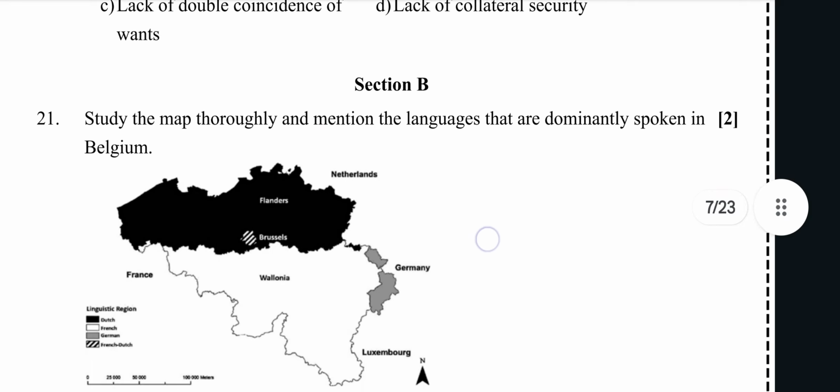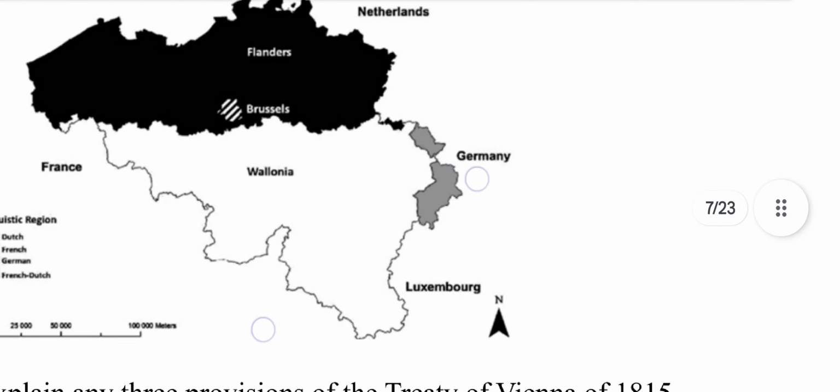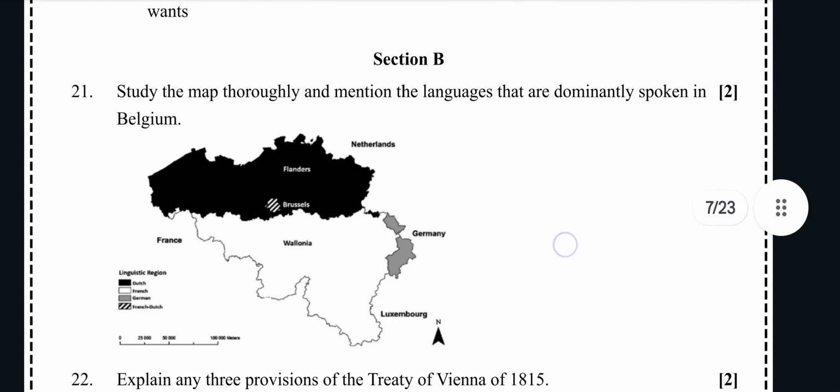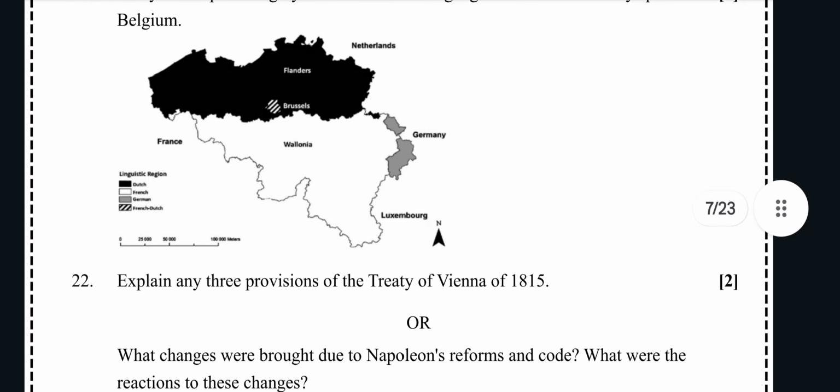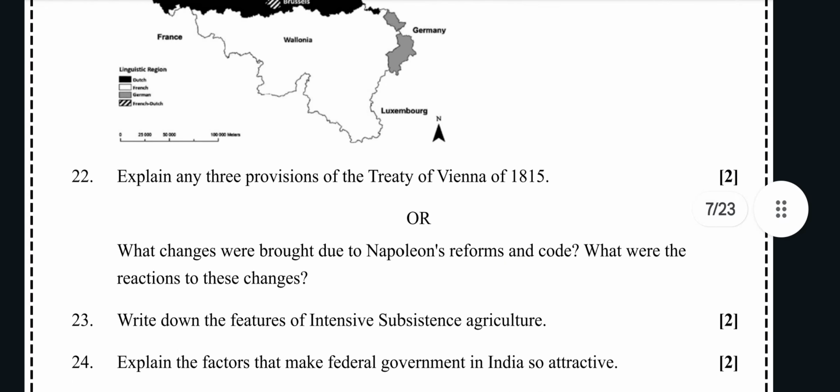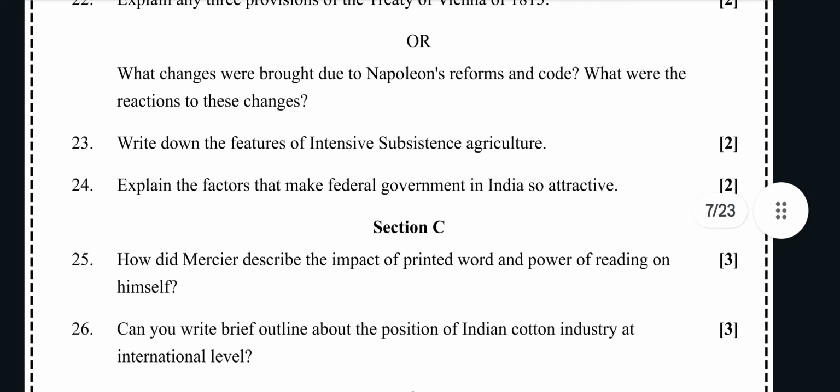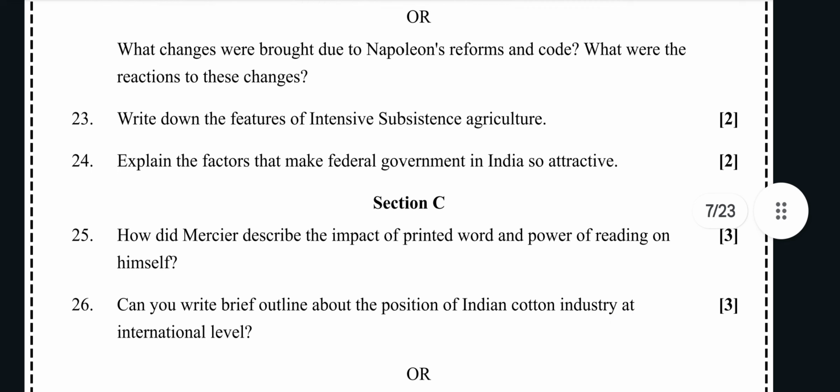Go through the question very thoroughly and attempt it to get those 2 marks. Then the 2 mark questions follow: 22, 23, 24. Till 24 it is a 2 mark question.